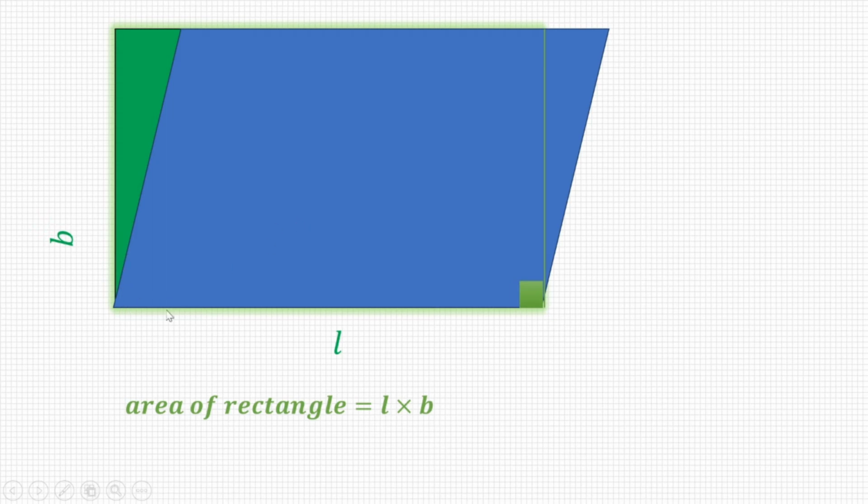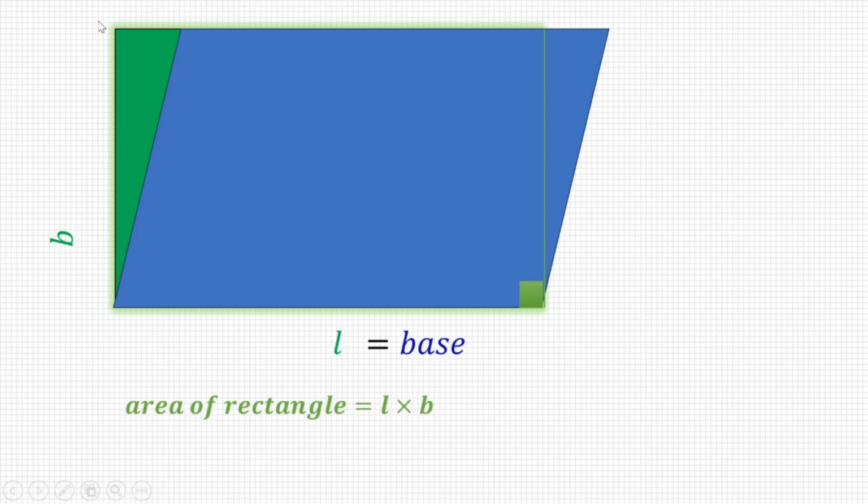Now, this length of the rectangle is actually the base of the parallelogram. We can call it base. Now, the parallelogram is standing like this, so we can call this as the base. What are we doing, kids? We are just redefining this formula in terms of parallelogram.